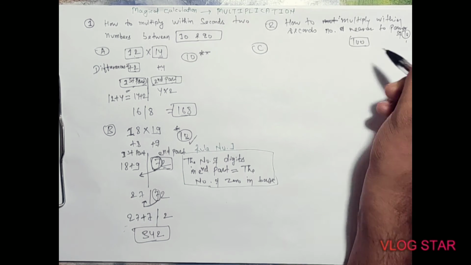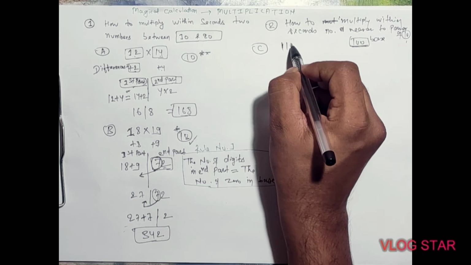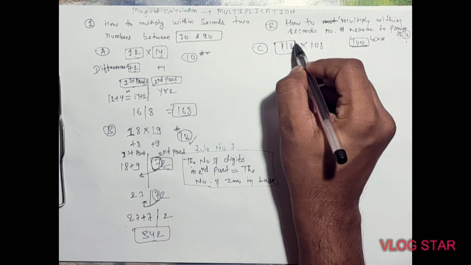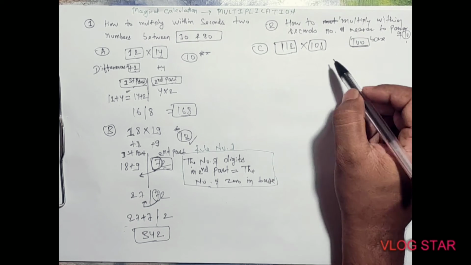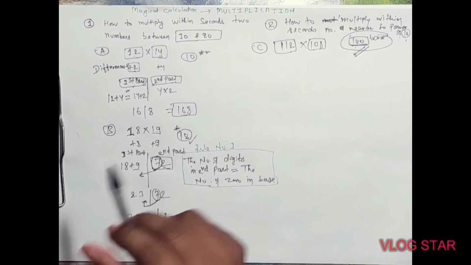So here comes 100. This is our base when we have 112 and 108. So we have to multiply these two numbers, and obviously these two numbers are nearer to 100, so this will be our base.